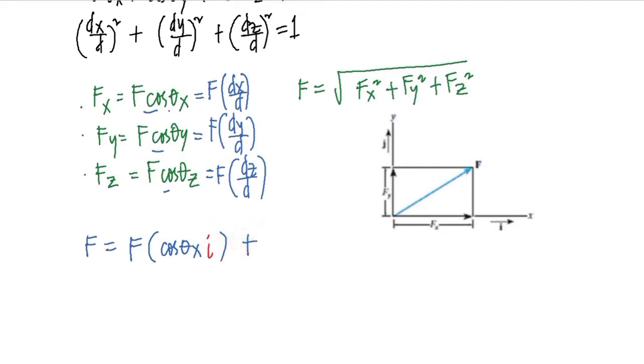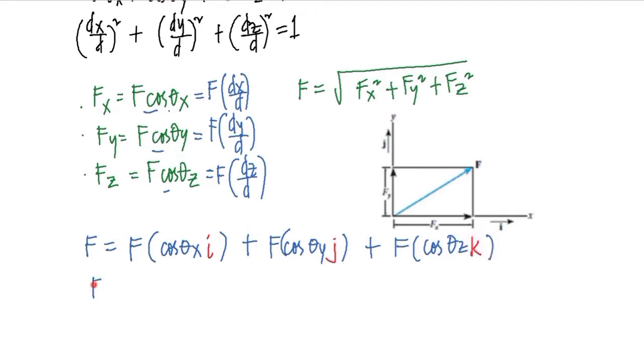And for the y component, we have the f cosine of theta y to be multiplied by the unit vector in the direction of y, that is j. Plus the z component, so that's f cosine of theta z to be multiplied by the unit vector in the direction of z axis, and that is the k.